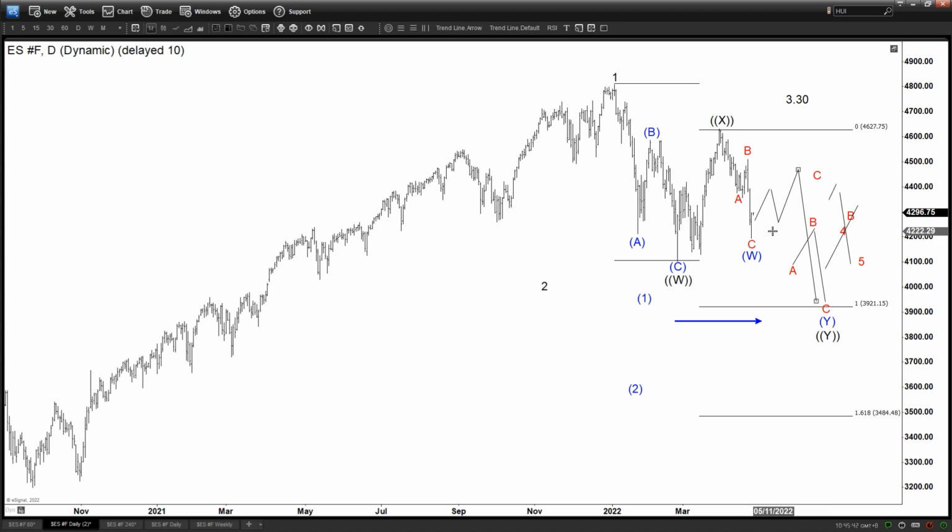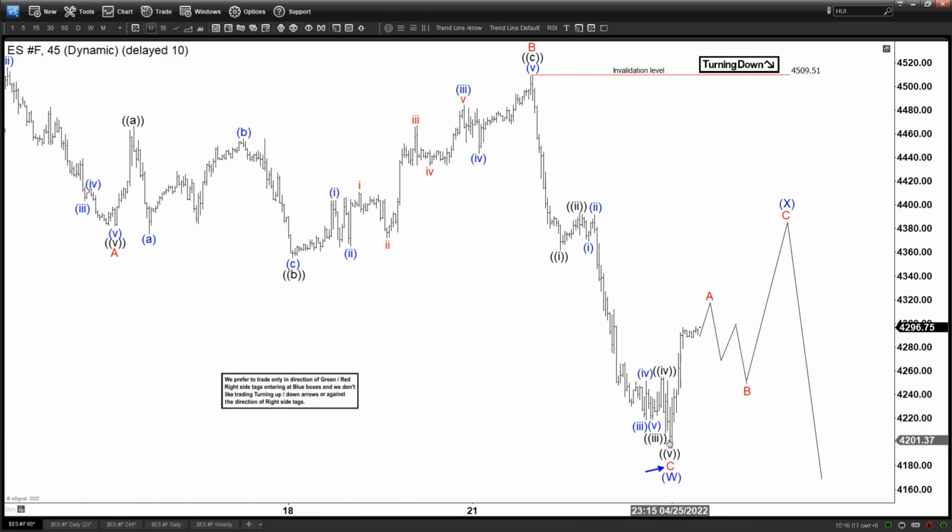Or another similarly bearish possibility will be another leg down right away to finish A as 5 waves before we get a B and a C. I think the main view is the better view in my opinion, because you've got a rally from here that looks like 5 waves, so favoring more upside as a result.